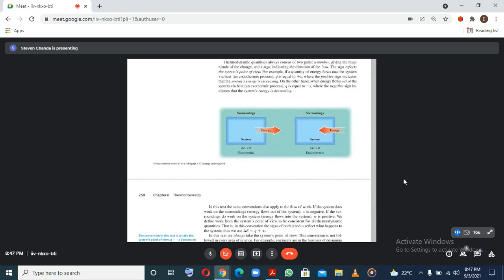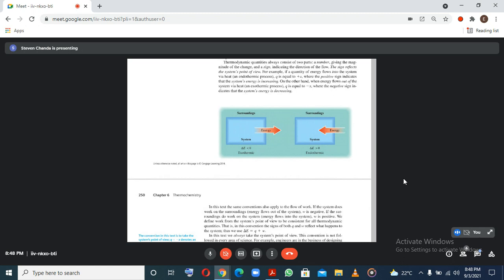So the energy value of the system is increasing. Whereas with exothermic, the opposite is true, like I've explained. Then, as we conclude because of time, we can now talk about work.